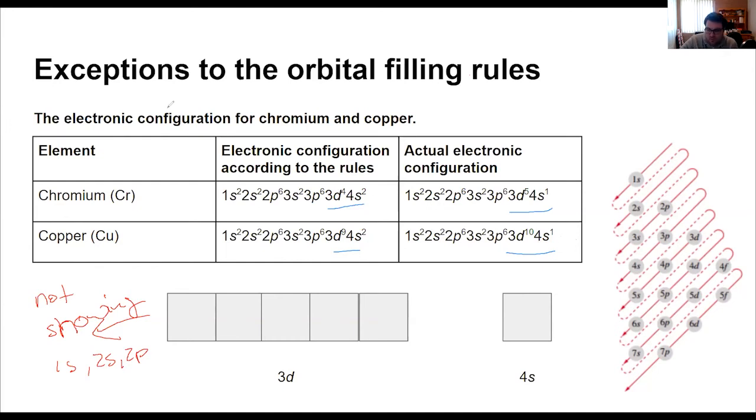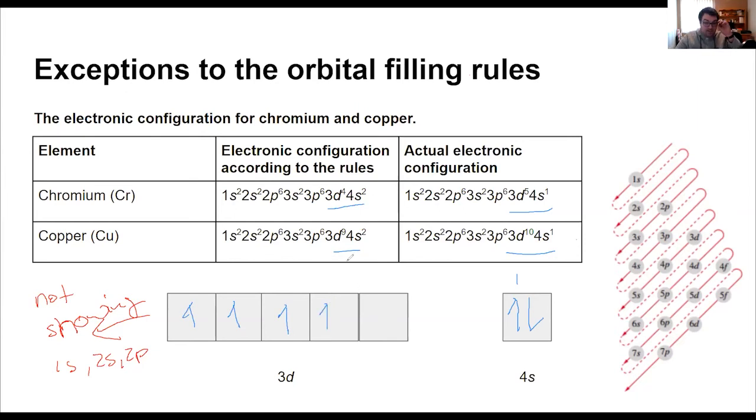If we were to follow the rules for filling these, for chromium, if you filled it straight from the get-go, your 4s gets filled before your 3d, and so we have our 2 electrons just here. And then in our 3d, we would have 4 electrons, one in each separate orbital.